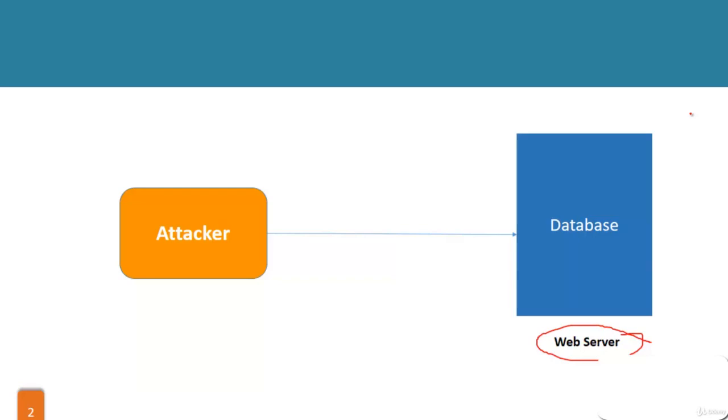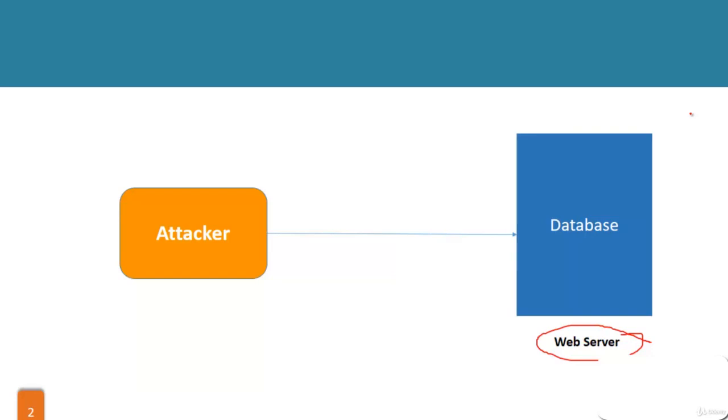So if I have a website, I have the front end but I don't have the back end, right? So if I want to communicate with the back end of the website, I need to send some SQL queries to the back end, and if I ask a question to the back end in the form of SQL queries, then it will give me an answer, right? So that's what a database attack is.